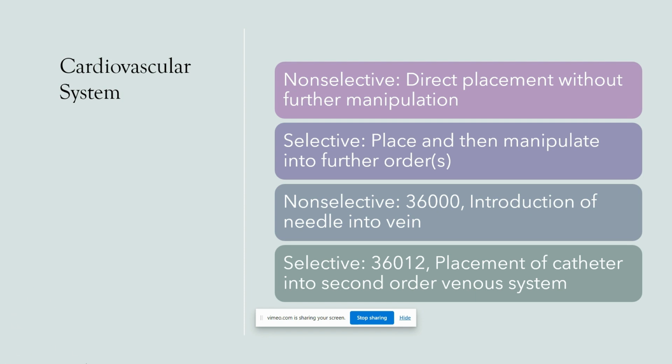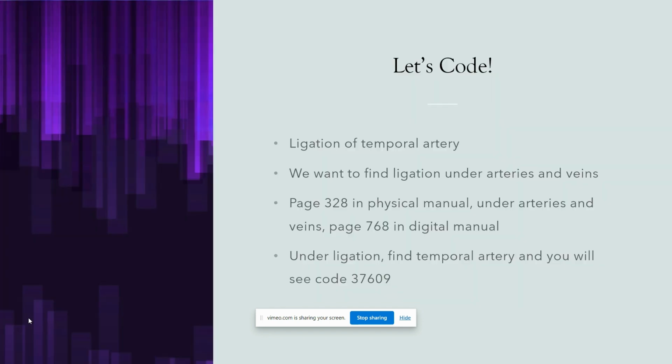So let's code. I'm going to go over this with you. If you want to pause this video and move slower than me, you can. Our scenario is ligation of temporal artery. The number one thing we're looking at is that this is done to an artery, so we're going to go to the arteries and veins section.